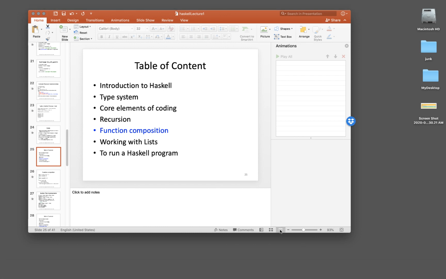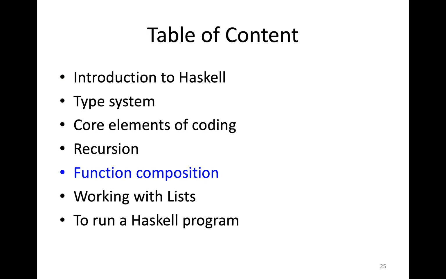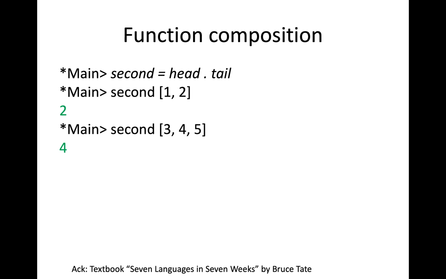And the next discussion topic is how to compose two functions. Here head is one function, and given a list it returns the head of the list, where tail is another function. Given a list it returns the remaining part of the list except the head. Now if we compose these two functions with a dot in between, that gives us the composition.